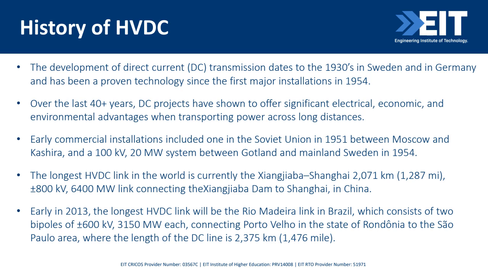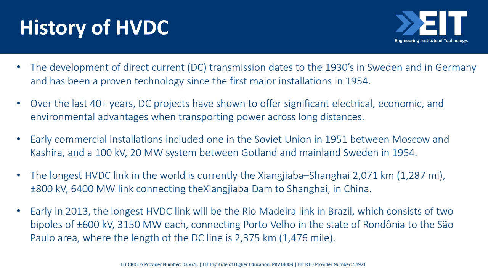So that's basically transporting power from the dam in Xiangjiba to Shanghai. That's another very good example of how HVDC can be used with different power generating sources.